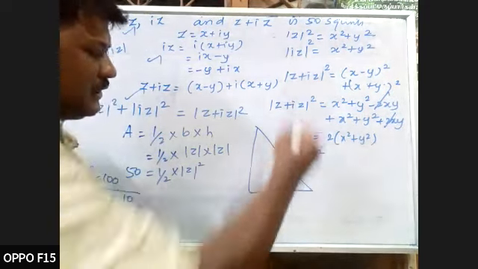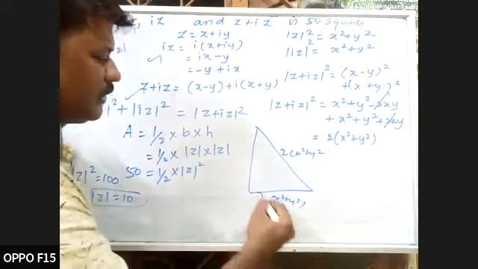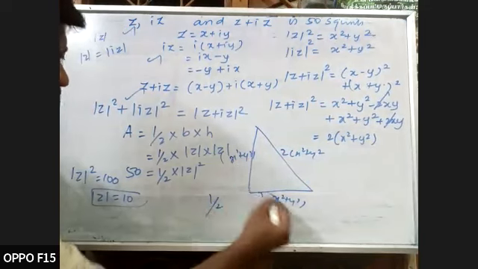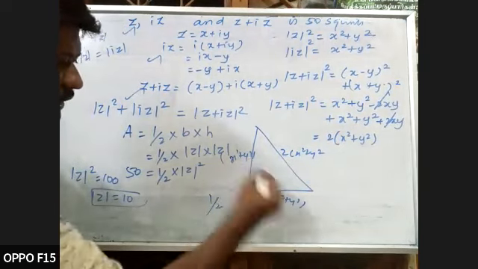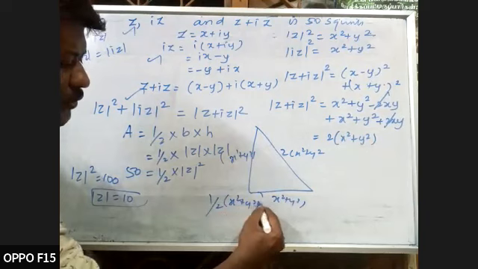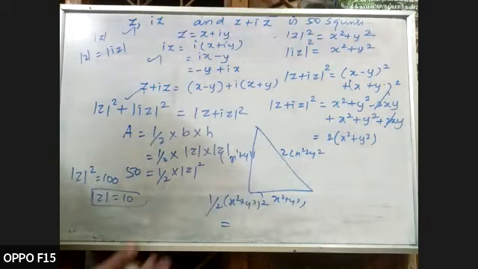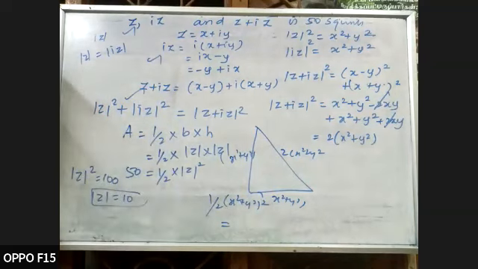Area is half into base into height, that is half into x square plus y square, which is half modulus of z the whole square, equal to 50, so modulus of z squared is 100.